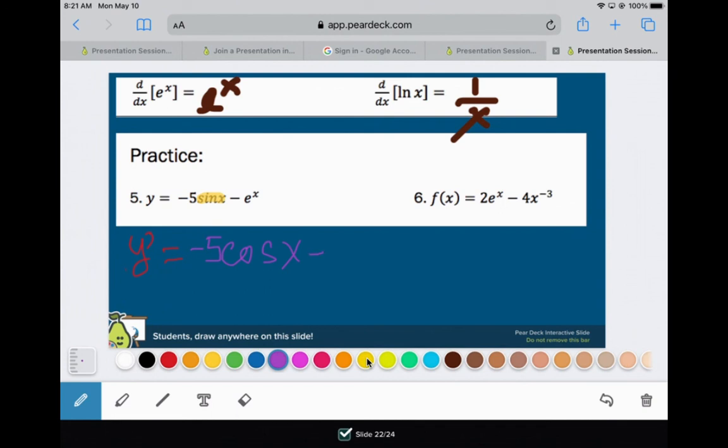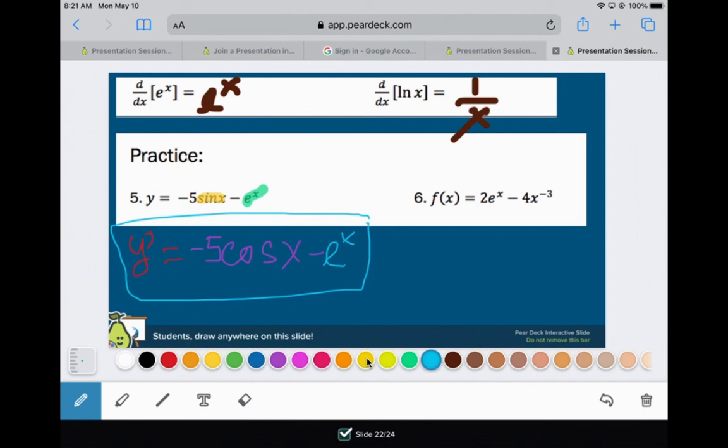Then I'm going to minus this one. The derivative of e to the x, we just learned, is the same thing. So I don't have to worry about changing it, it's just e to the x. So this would be my answer.